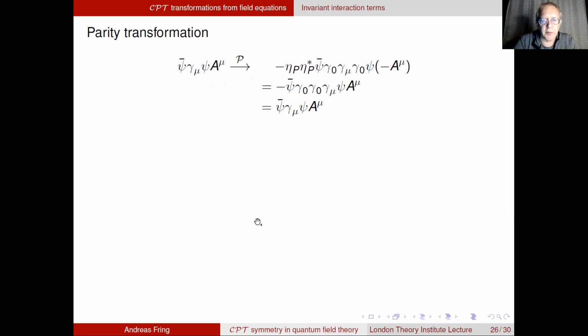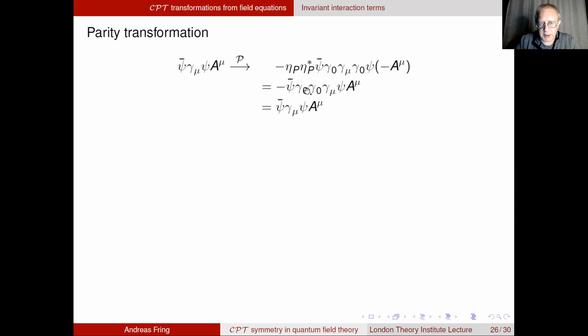If we now do the same for parity, we look at the first term. Under parity, A picks up a minus sign. This minus sign came from the transformation. So they compensate, and I have also already commuted gamma mu and gamma 0 and put this gamma 0 to this side.